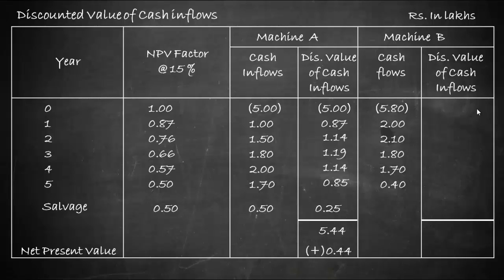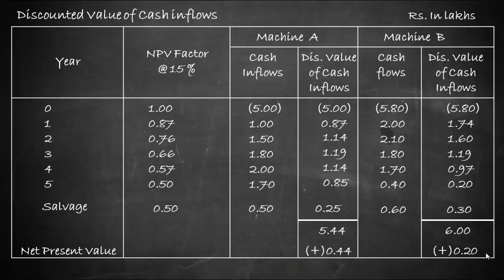So by multiplying year after year we get these values, and for mission B also there will be a salvage value at the end of its useful life, that is after 5 years, and that salvage value is slightly higher than mission A. Mission A had 50,000 whereas mission B will have 60,000. 60,000 multiplied by 0.5 is going to give you 0.3. So now we'll take total of all these cash flows starting from 1.74 to 0.3, and it is 6, and the initial outflow is 5.8.